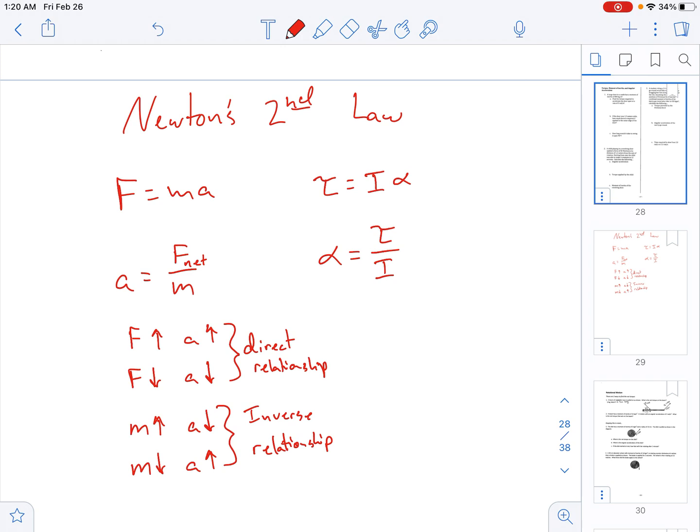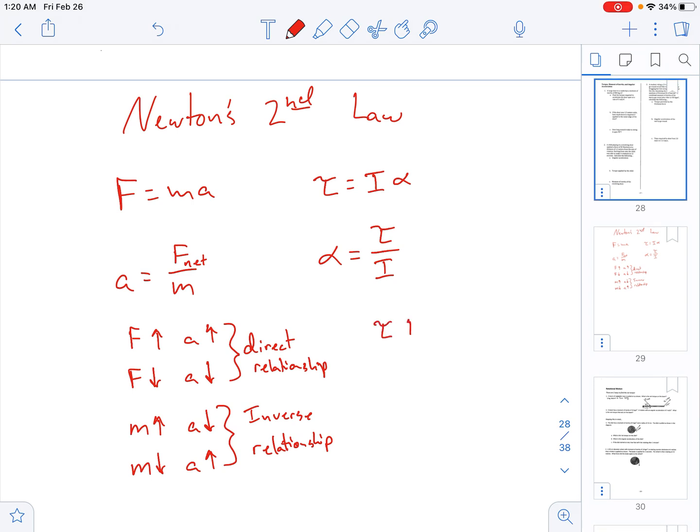Showing the same thing with our Newton's second law of rotational motion. If we look at the relationships between torque and alpha, and I and alpha, or rotational inertia and alpha, if torque were to go up, then alpha would go up. Likewise, if torque were to go down, alpha would also go down, showing once again that these two have a direct relationship.